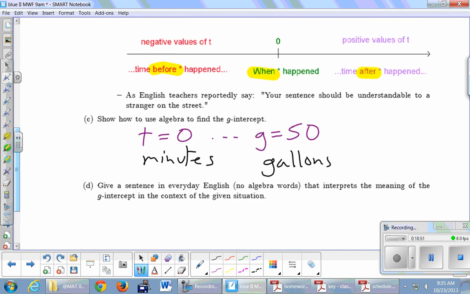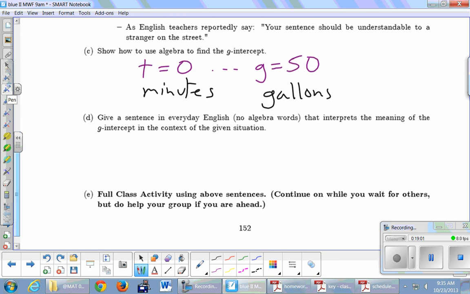Which word am I using in this problem? Is it before, or when, or after? It's when, because we're sitting right there at t equals 0. So, when, what's the magical event? When the leak started, what was true? The tank had 50 gallons in it.